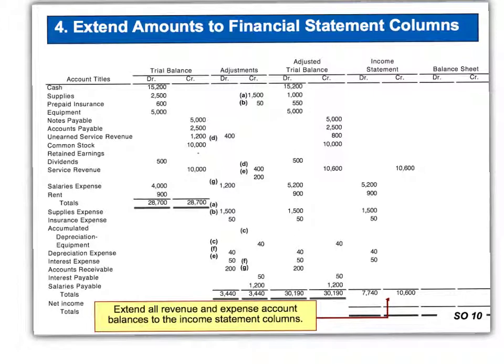And the result is we have a credit, which is the revenue, $10,600. And we have salary expense, rent expense, supplies expense, insurance expense, depreciation expense, and interest expense. So now we total the columns, and we have $10,600 in credits, but only $7,740 in debits.